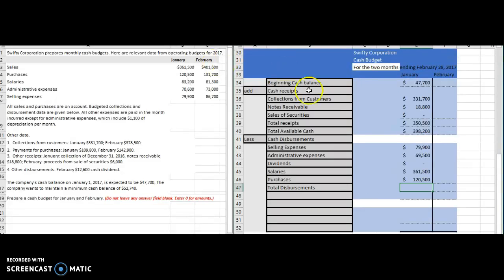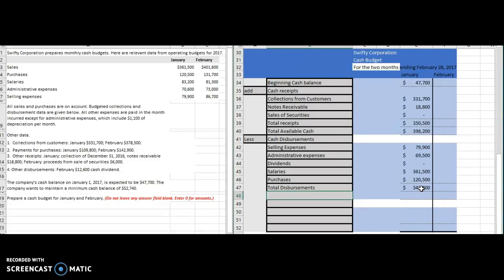If you total up these 5 rows, we get $342,400 of total disbursements.